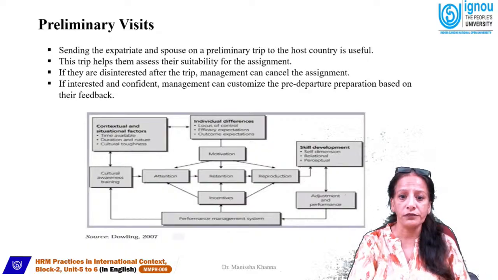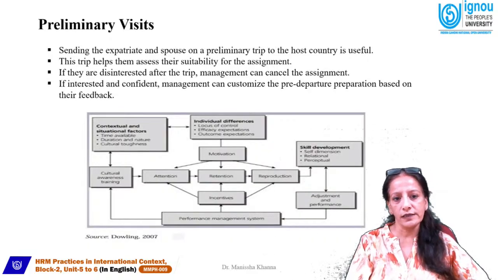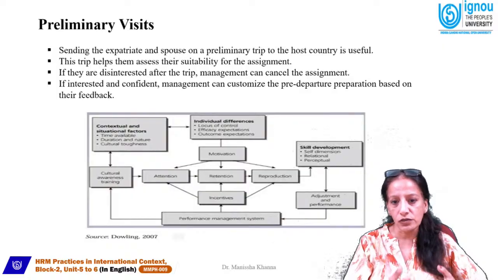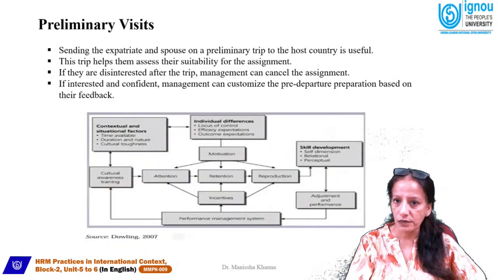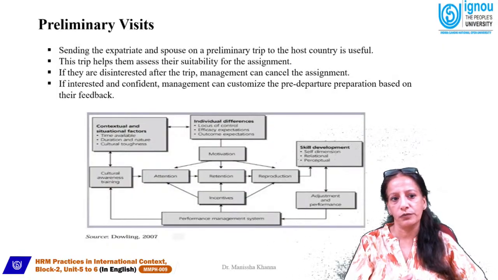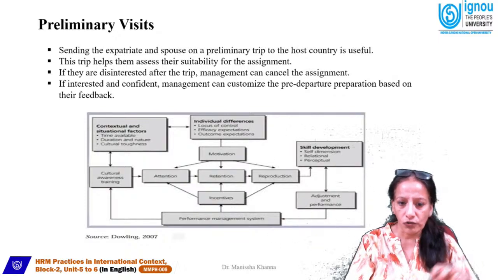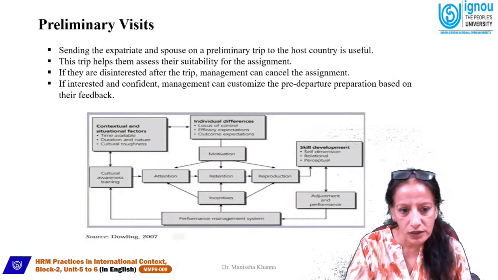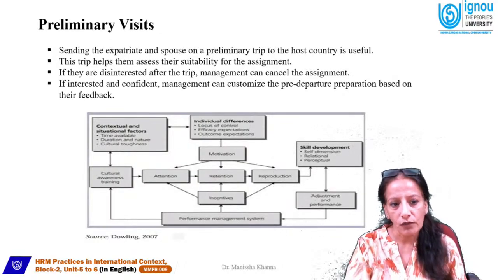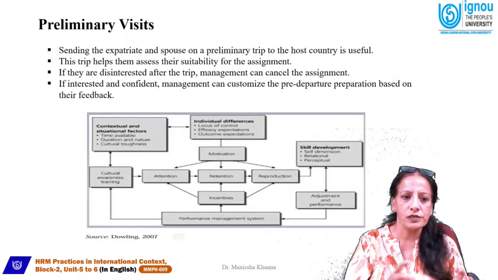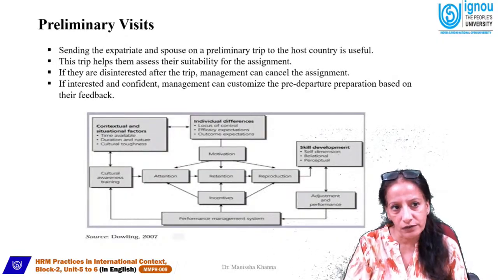Then there are preliminary visits. Sending the expats and spouse on a preliminary trip to the host country is useful. This is very important because management has to take care of and customize the pre-departure preparation. It not only helps the expatriate on an individual level, but sometimes the entire family is involved.